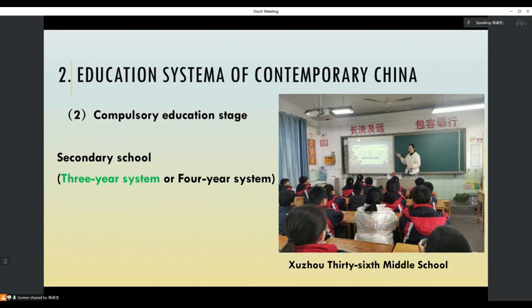Look at this word: compulsory education, 9 years.